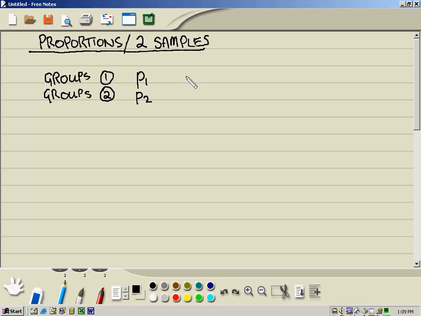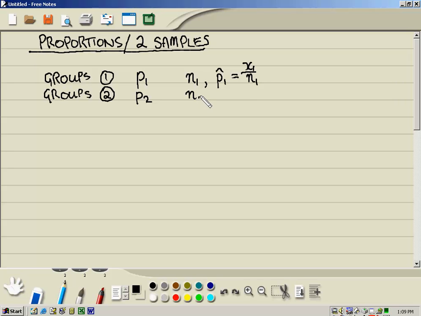To be able to answer those questions, we need samples for each group. So for the first group, we need sample size n1 and a sample proportion p hat 1, which is calculated by going x1, the number of items with a particular quality, divided by n1, the number of items in that sample.